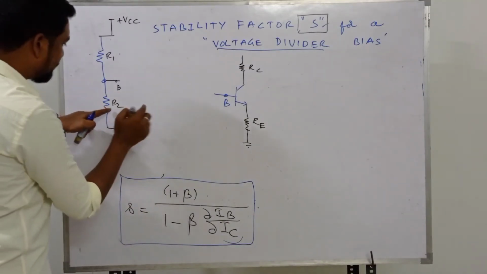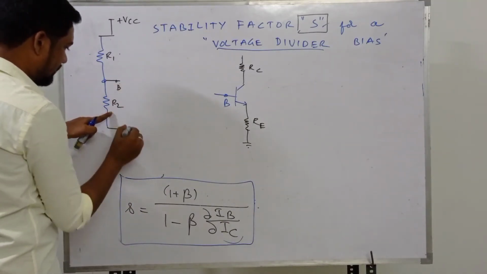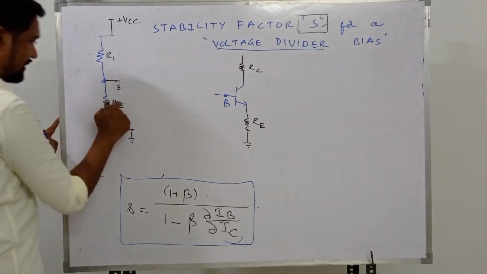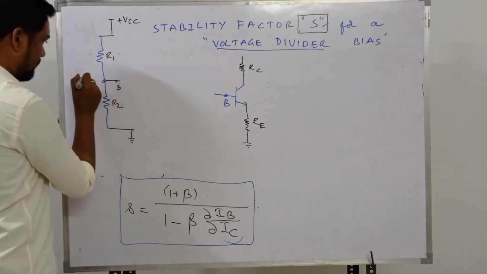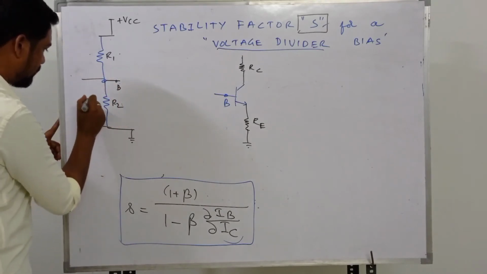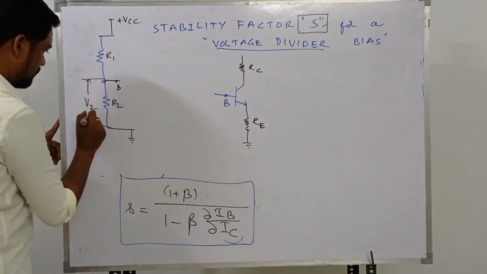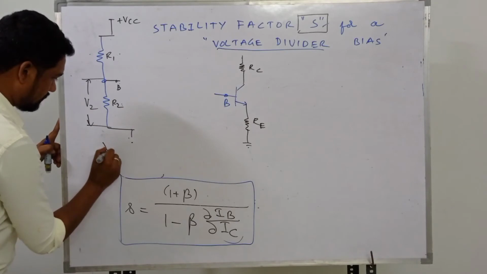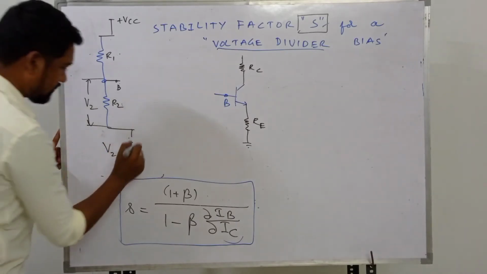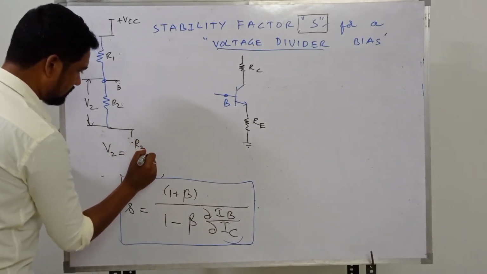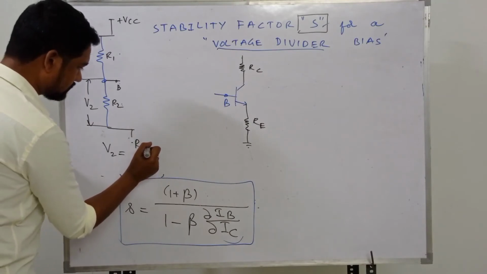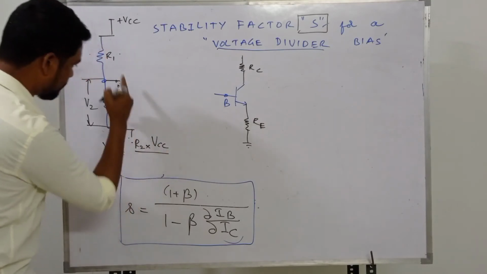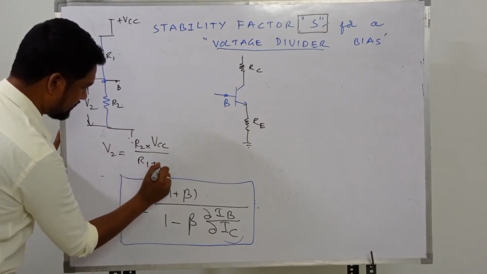Now what is that voltage which we have between base and emitter over here, this side? It's the voltage across R2, isn't it? So that voltage appearing over here, let it be V2. What is that V2? According to the potential divider rule, V2 is given as R2 into the supply VCC by the total resistance R1 plus R2.